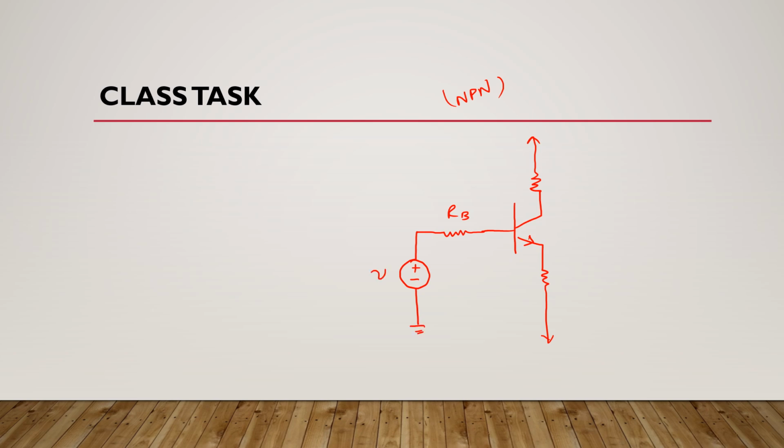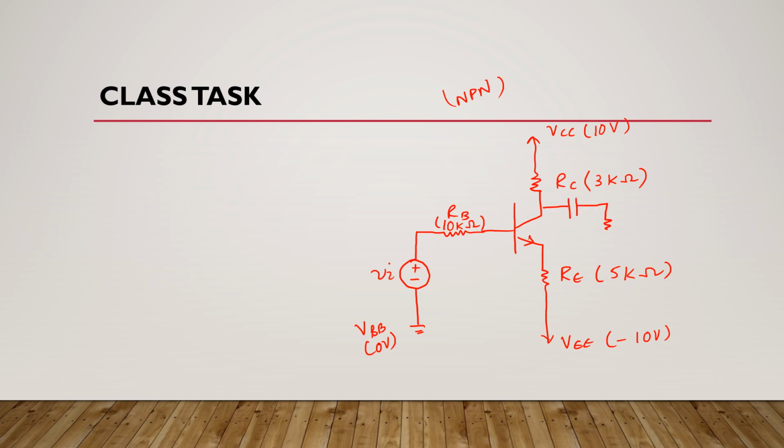This is Vi, this is VBB, which is 0 volts, this RB is 10 kilo ohms, this is RC, which is 3 kilo ohms, this is RE, which is 5 kilo ohms, this is VEE, and suppose it is minus 10 volts, this is VCC, which is 10 volts, and here we have a capacitor which is connected to a load resistor RL.